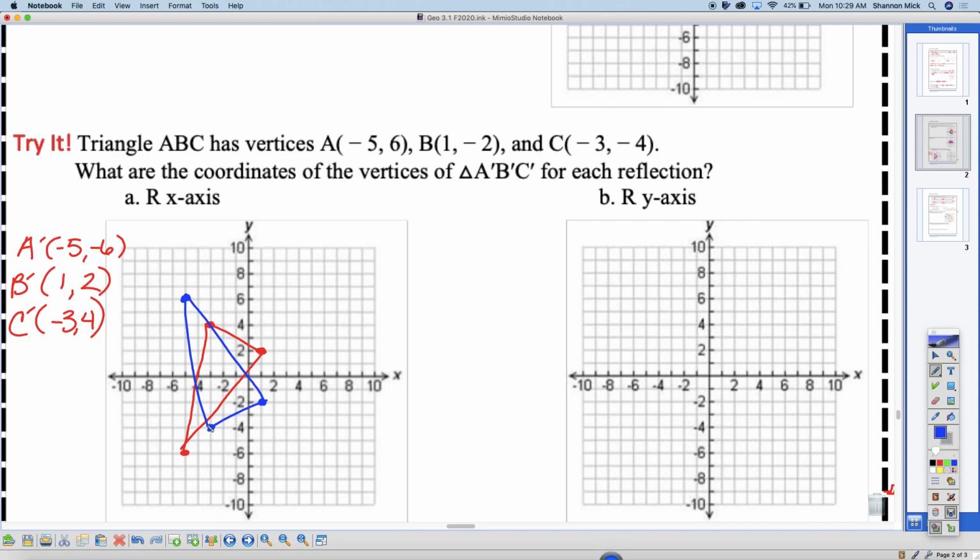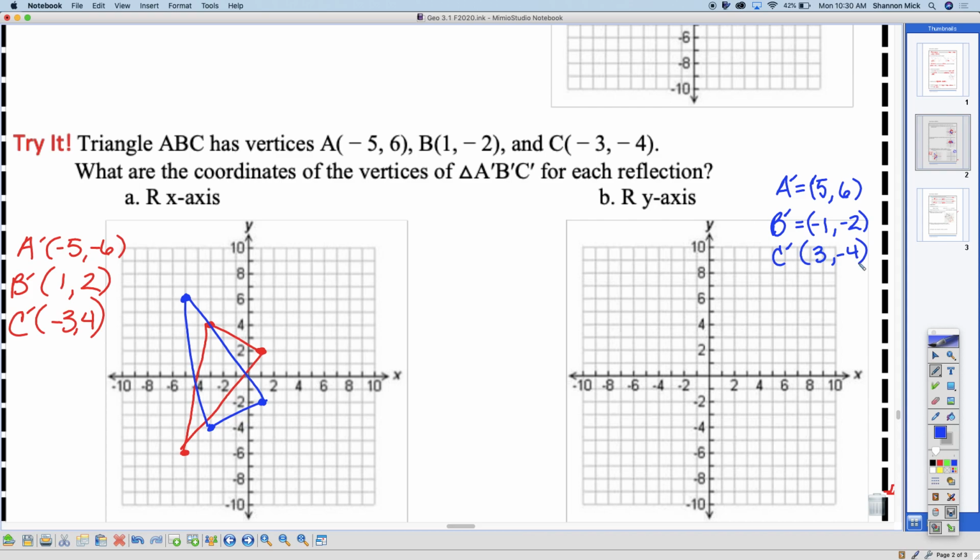Okay, so over the y-axis, what are my coordinates going to be? A prime is negative 5, 6. B prime is 1, negative 2. I'm making the negatives on the x's. And C prime is negative 3, negative 4.